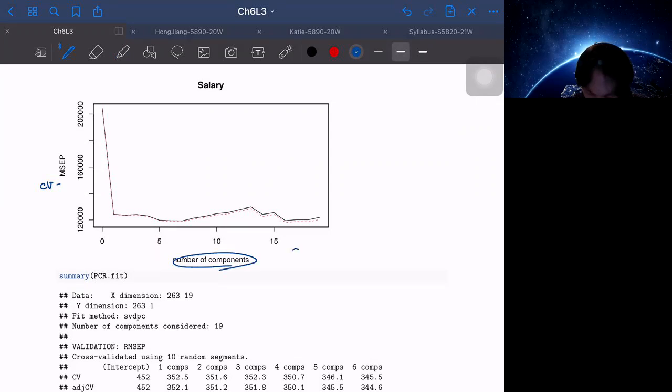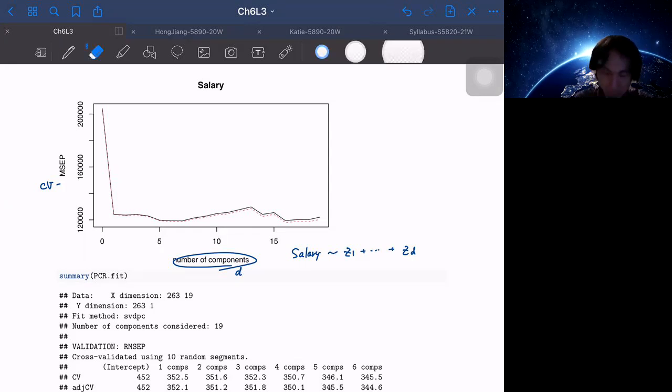So we fit the salary on the first principal components, and the number of components is D. Yeah, so we have an error term, but okay, this is the regression model, and this is D. So with larger D, we have more information, but sometimes if D is too large, then the test performance, the cross-validated mean square error, gets larger.